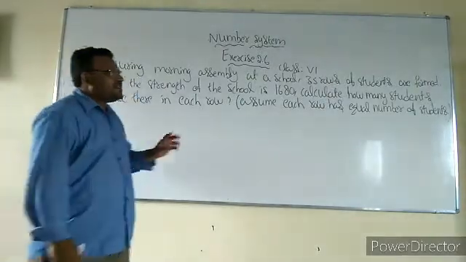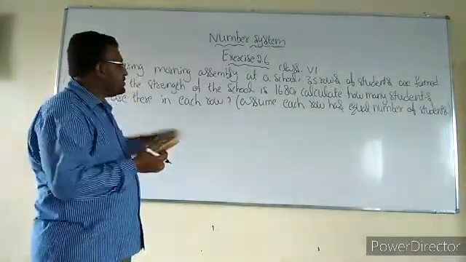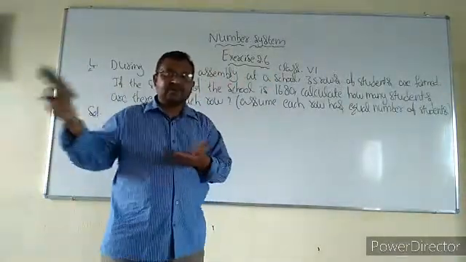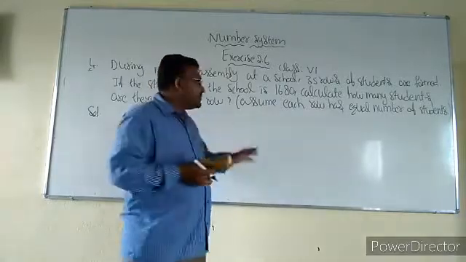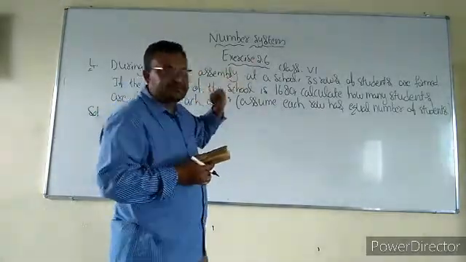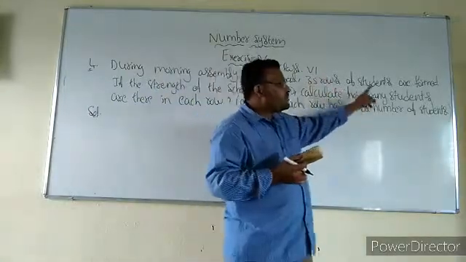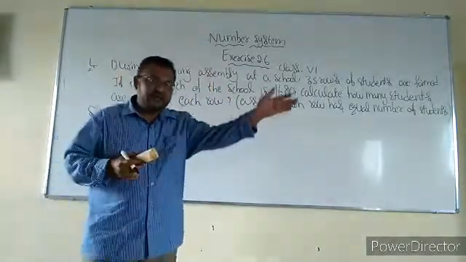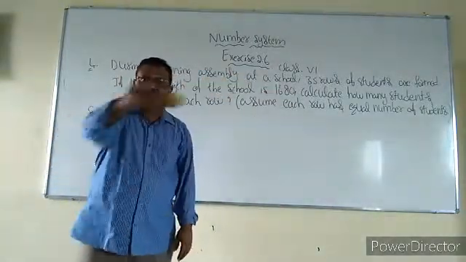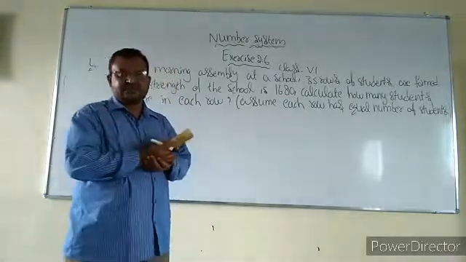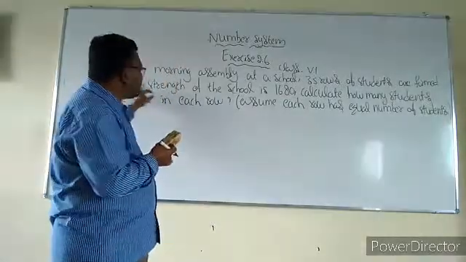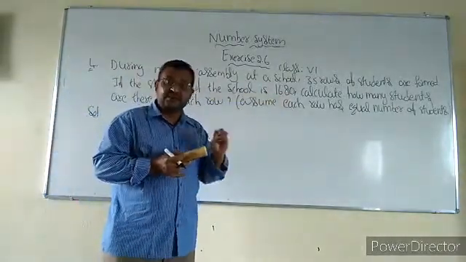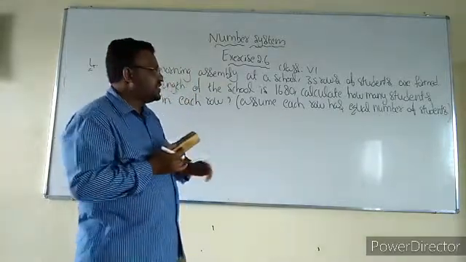During morning assembly at a school, that means the morning assembly we also do daily, in that assembly 35 rows of students are formed. 1, 2, 3, like that, 35 rows of students are formed. If the strength of the school is 1680, meaning the total strength is 1680.